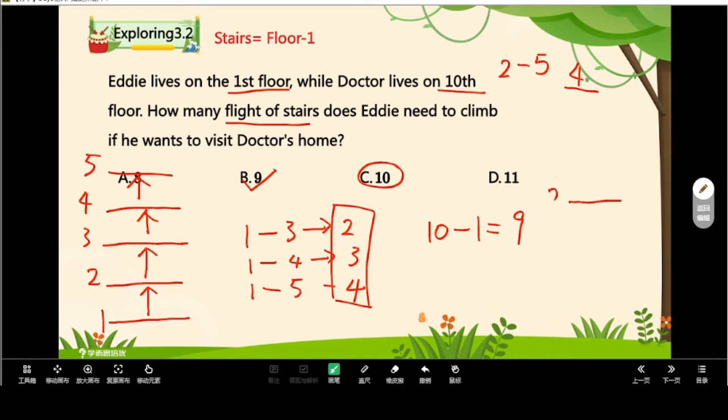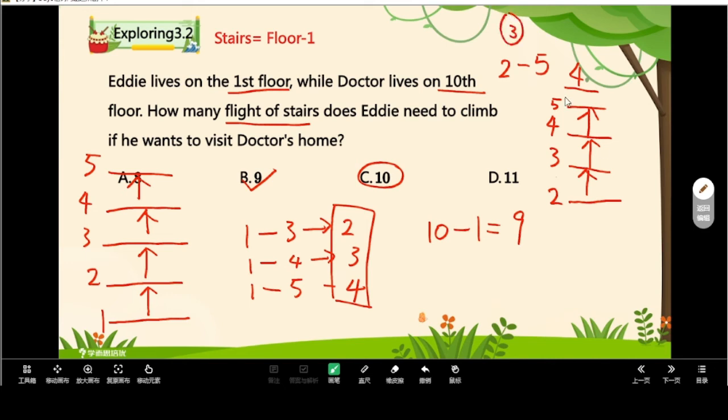This is 2nd floor, 3rd floor, 4th floor, and 5th floor. So how many flights of stairs? 1, 2, 3. So I only need to climb 3 flights of stairs, but not 4.